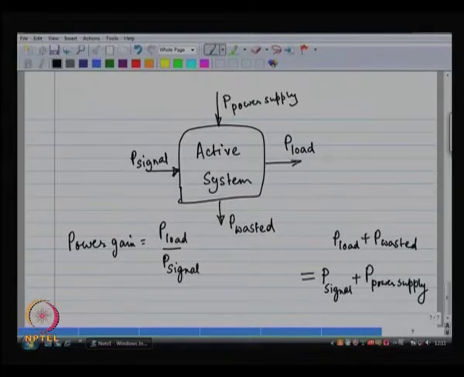So, now that you see this as your equation, you can conceive of power gains that are more than 1. I have picked this and this out of this equation, and I am saying that P load has to be more than P signal for a power gain to be more than 1. Power gain is basically P load by P signal.